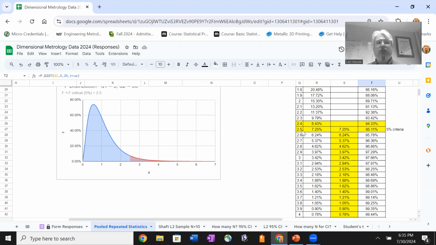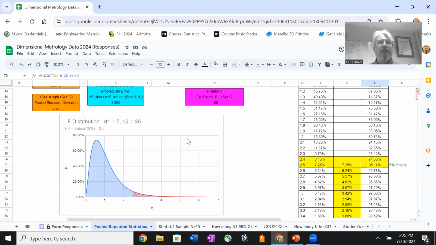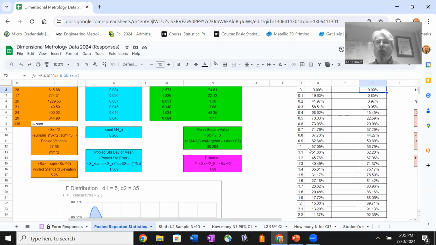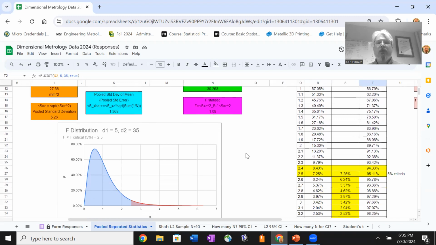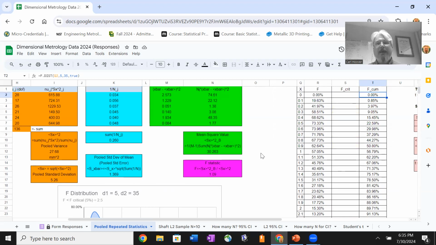So we're looking to make sure that F is less than 2.5. And in this case, our F was actually 1.1. And so we fail to reject the null hypothesis. In other words, our data is sampled from all expected or good data. So that's the F statistic.